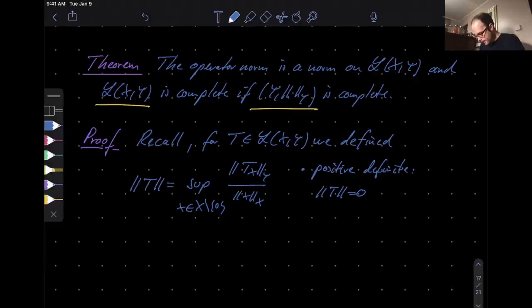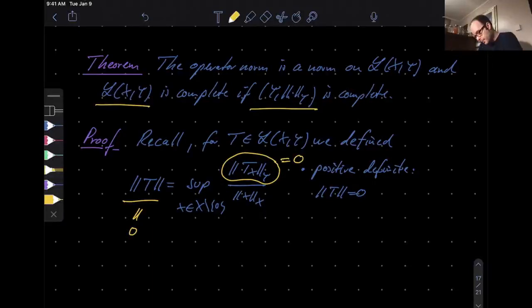Look, if you have this equal to 0, you're taking a ratio where the denominator is always non-zero, and the numerator can be 0, of course. So how can this ratio only be 0? It can only be 0 if the numerator is equal to 0. And since you're taking a supremum over all vectors, this means the numerator has to be 0 for all vectors small x in the normed linear space capital X.